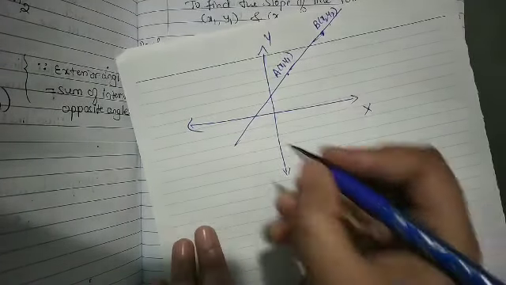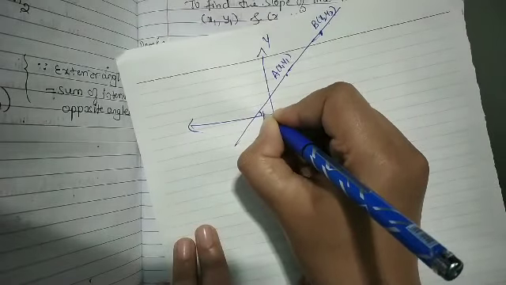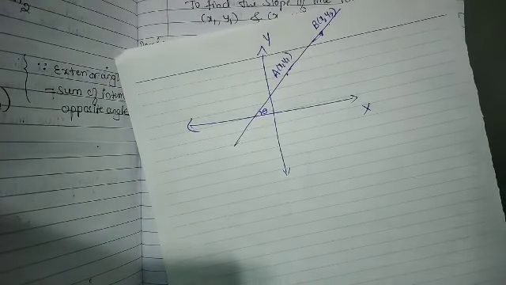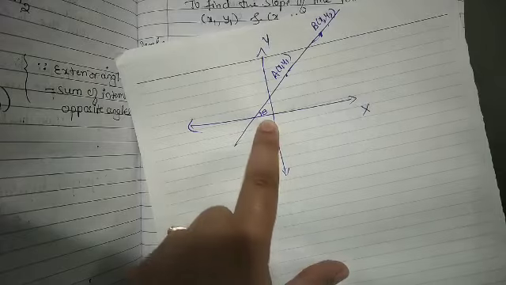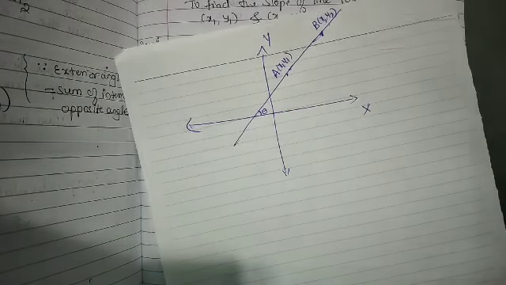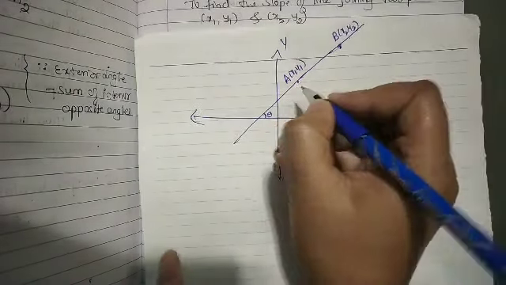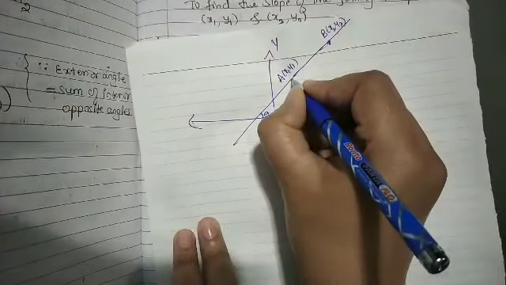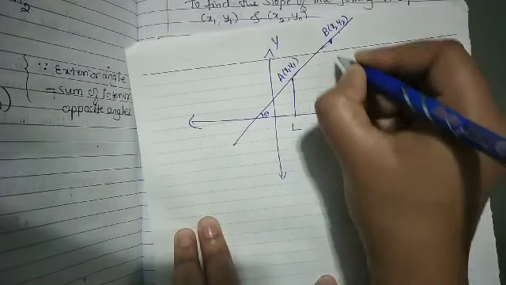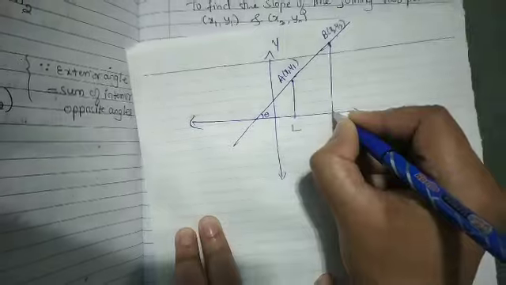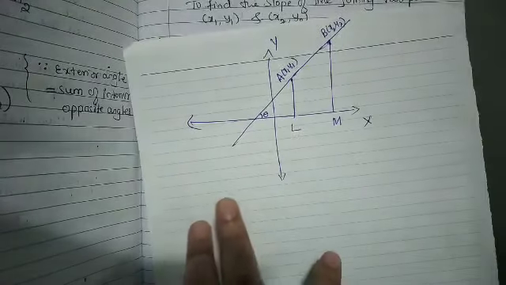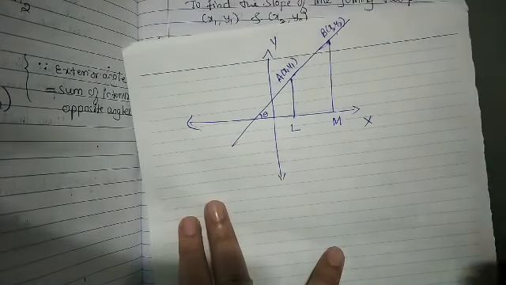Okay, the line is drawn, and here the angle theta is formed. This line makes an angle theta with the positive direction of the x-axis. So now draw AL and BM perpendicular to the x-axis.